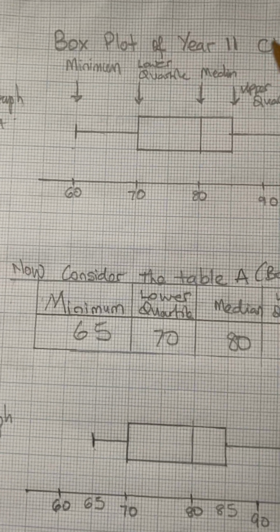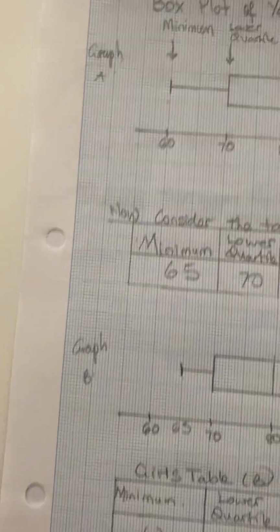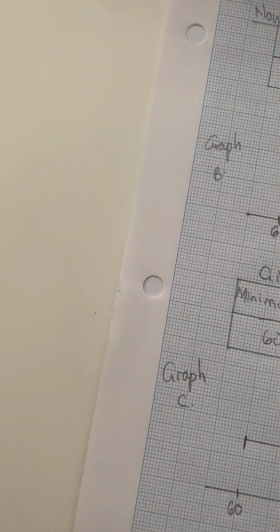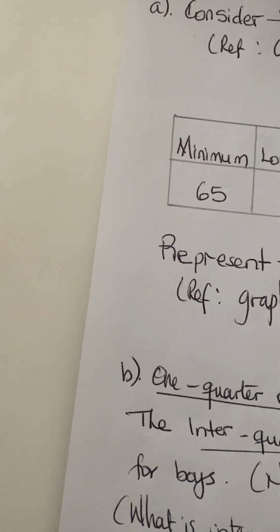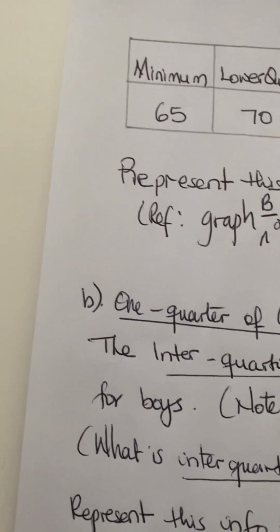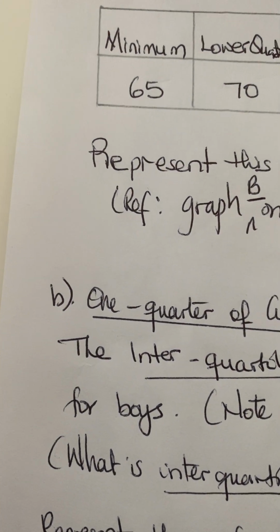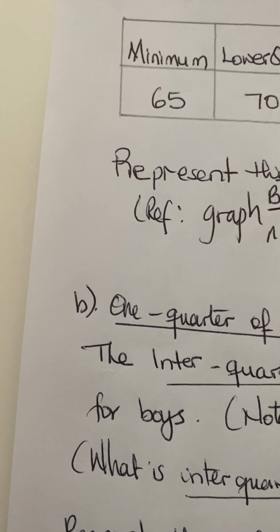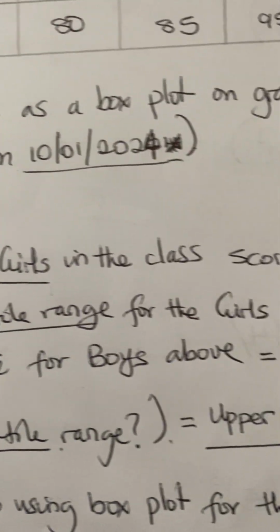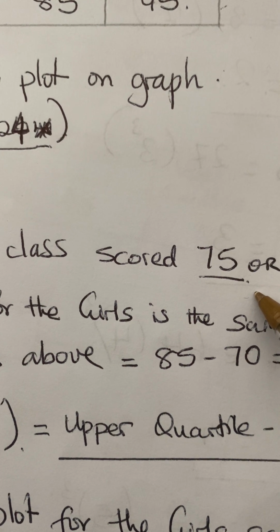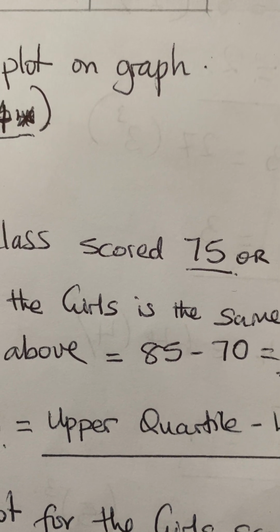This one, the first one you were given. Okay, now let's continue with the question. 1/4, okay, 1/4 of the girls in the class scored 75 or less.